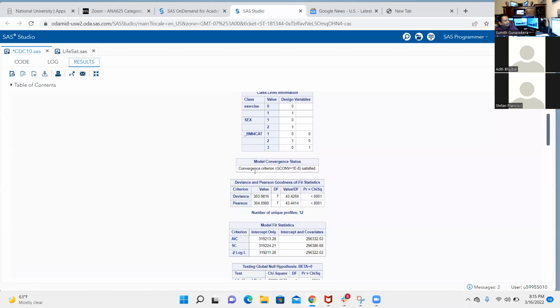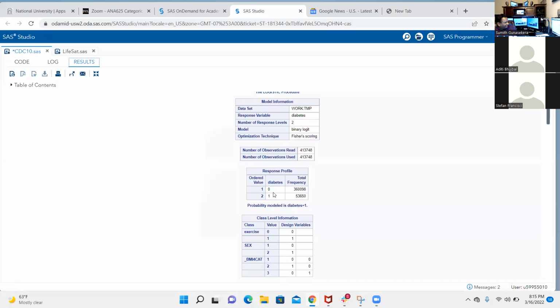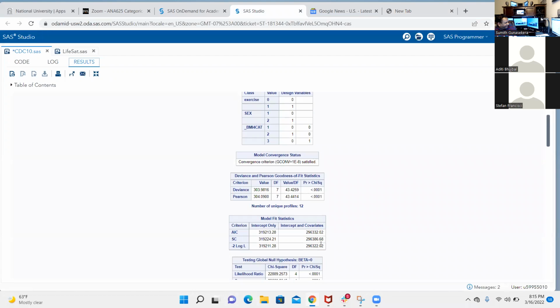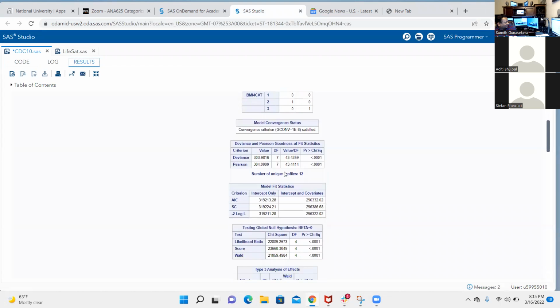For the deviance statistic, when we calculate between the unsaturated and the saturated model, I believe this is the first model here. Actually, let me go back and make sure. I want to get it right. Okay, so I have my unsaturated and then saturated results.